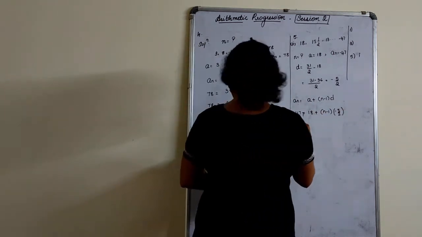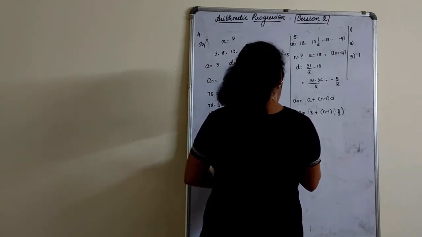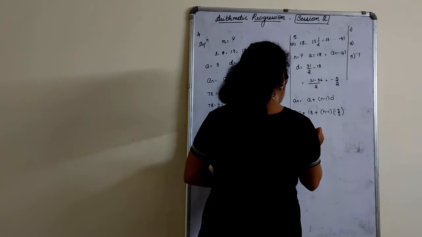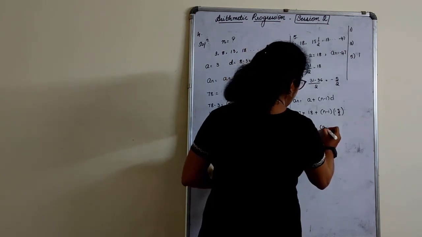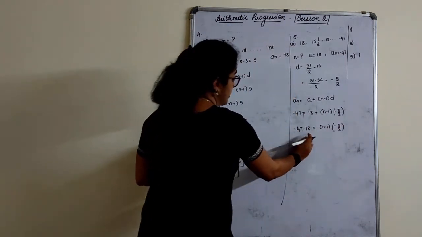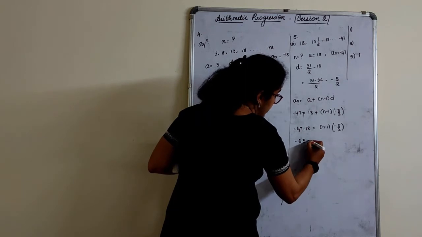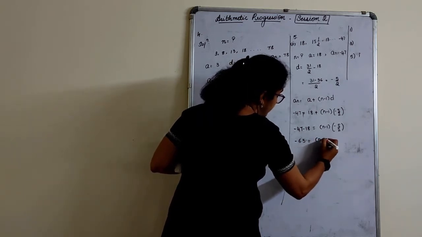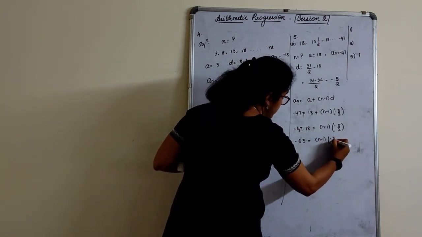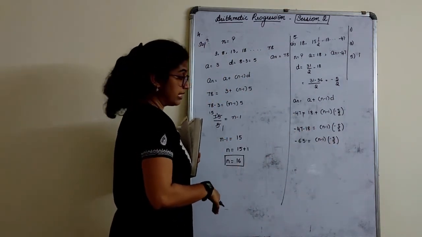Transpose this side. So what will you get here? Minus 47 minus 18 is equal to n minus 1 of minus 5 by 2. 47 and 18 will give you minus 65 is equal to n minus 1 into minus 5 by 2.